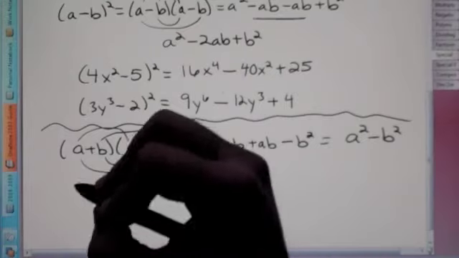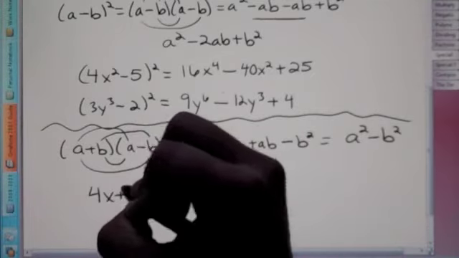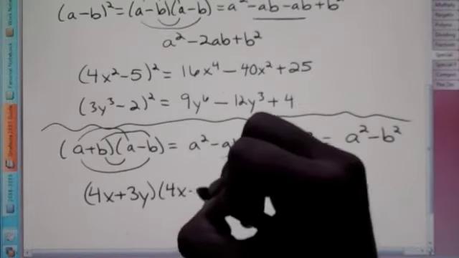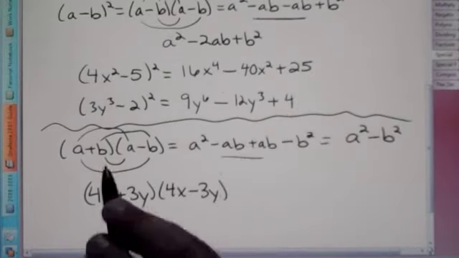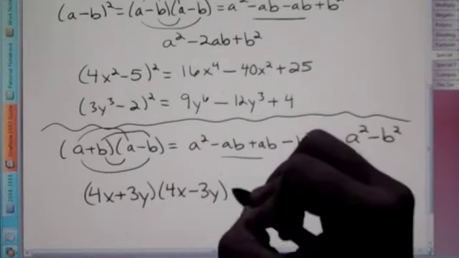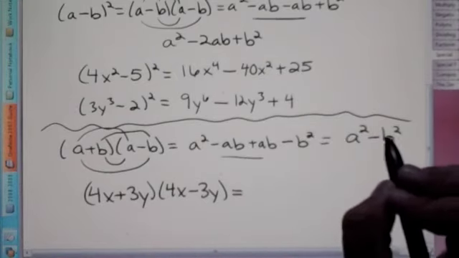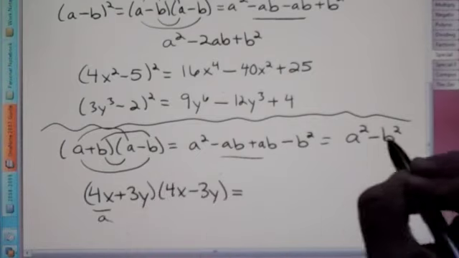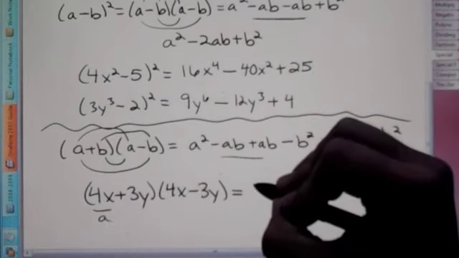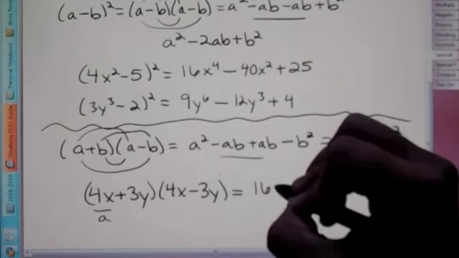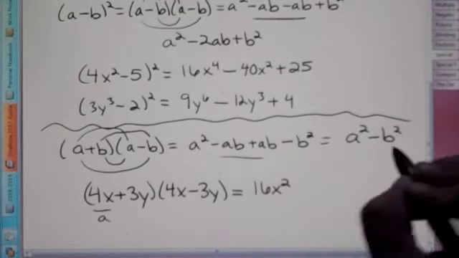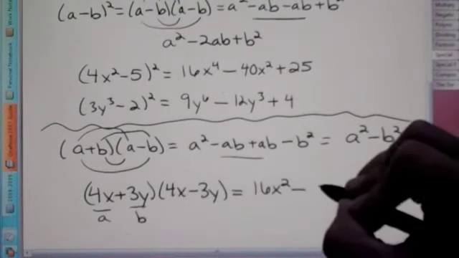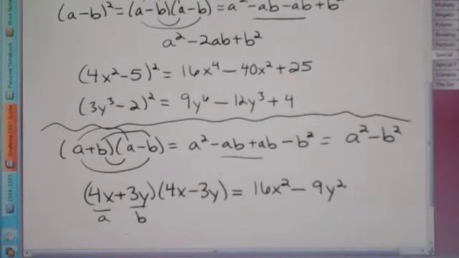So if I were to give you (4x + 3y) times (4x - 3y), again, the way we can tell, just opposite symbols. The shortcut says all you have to do is take what's in the position of a, right here, 4x, square it. So 4 squared is 16. X, when you square it, is x squared. Minus b squared. And 3y is in the position of b. So that gives me 9y squared. And then you're done.